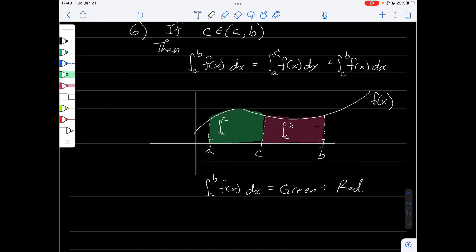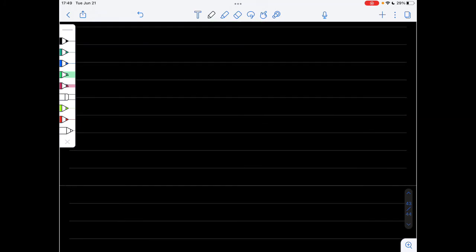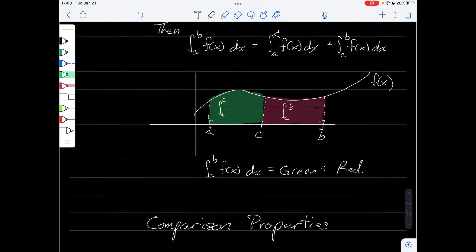There are a few more properties, and we're comparing them. So we're going to take some comparison properties of integrals. Let's compare integrals with other integrals and see if we can figure out a bound on this net area.